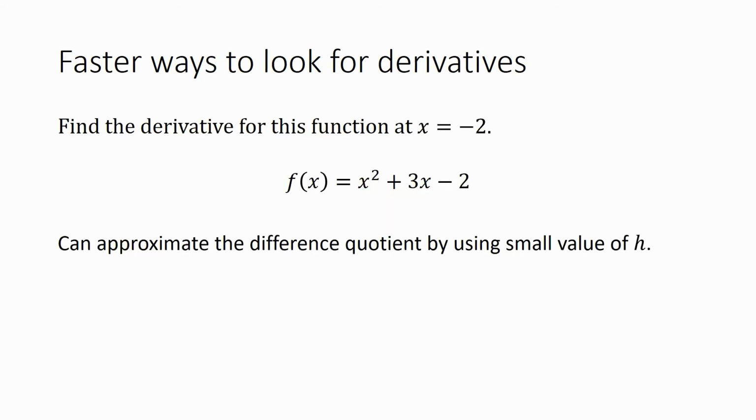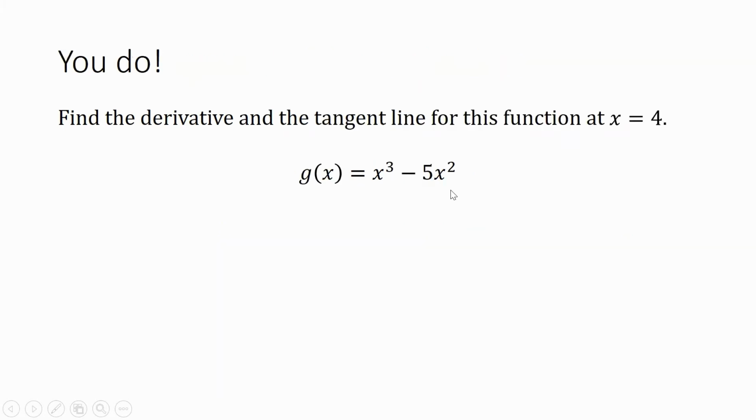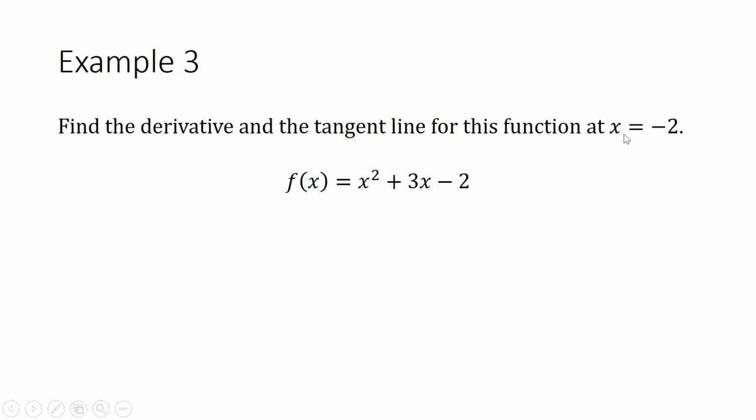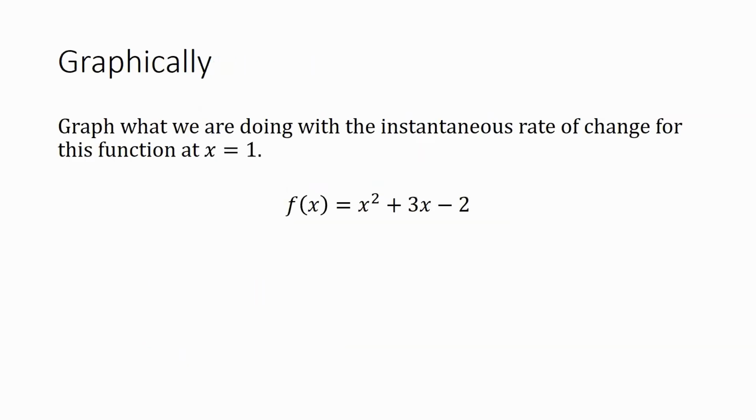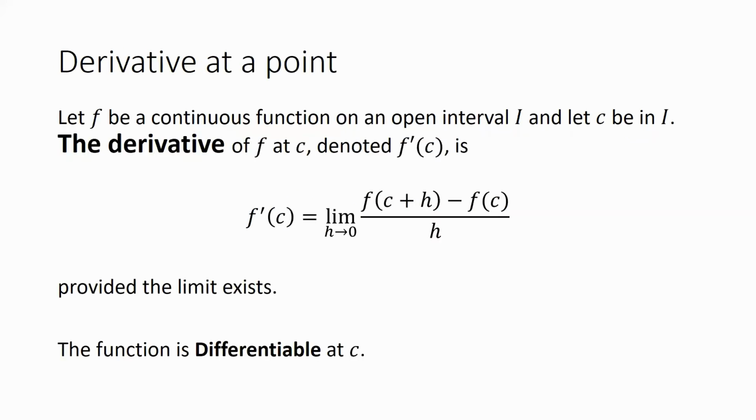We've dealt with this function f of x equals x squared plus 3x minus 2 a lot. We've found the derivative when x was 2. And we also found the instantaneous rate of change when x was 1 of this function. By the way, instantaneous rate of change is just another word for derivative. So we found the derivative when x is 1, and we found the derivative when x was 2.